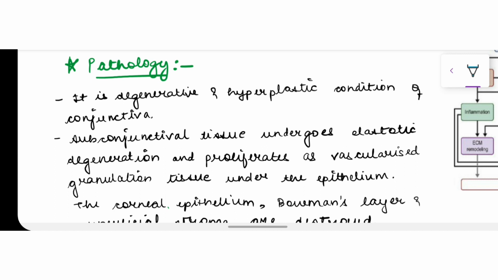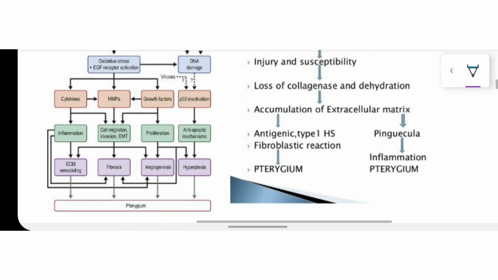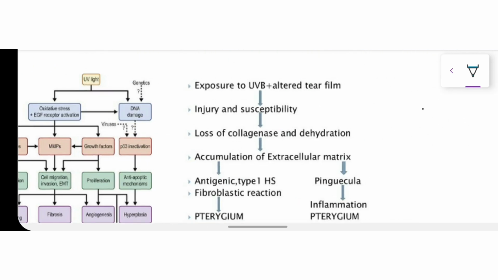Pterygium is a degenerative and hyperplastic condition of the conjunctiva. When UV rays, dry heat and wind alter the tear film, that leads to dry eye. Due to the dry eye, the eye is more susceptible to injury.